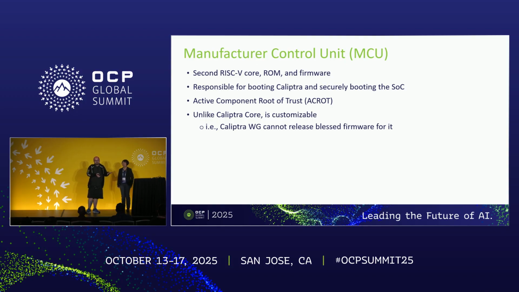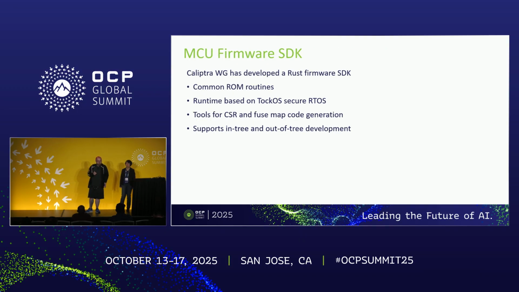It's not mandatory by the consortium, so you can do whatever you want in it theoretically, but we provide our SDK to give you some building blocks to hopefully do common things that you'll be wanting to do anyways, like working with Caliptra, working with the fuse controller, things like that. Since it is so customizable, everything about it is going to be specific to your needs. We can't really bless an official ROM or an official firmware, but we can give you an SDK and let you work with that.